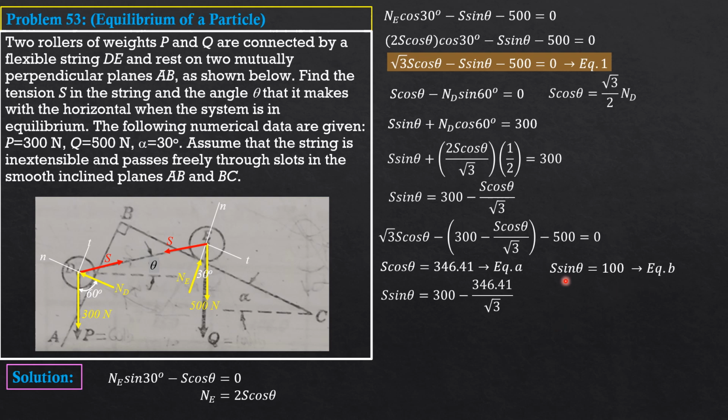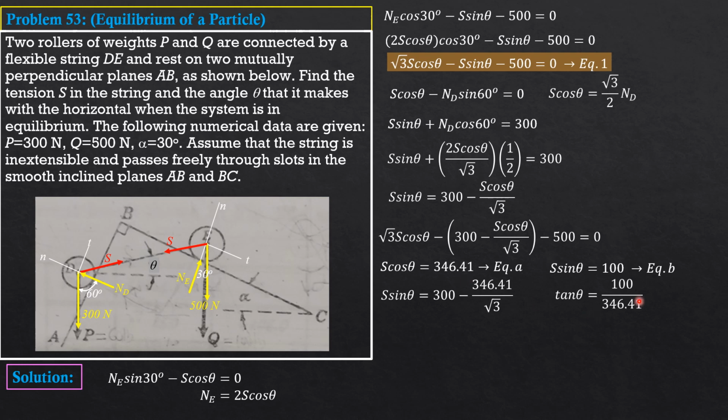Equation B. So divide S sine theta equals 100 by equation A, S cosine theta equals 346.41. We can cancel S. So tangent theta, which is sine theta over cosine theta, equals 100 over 346.41.